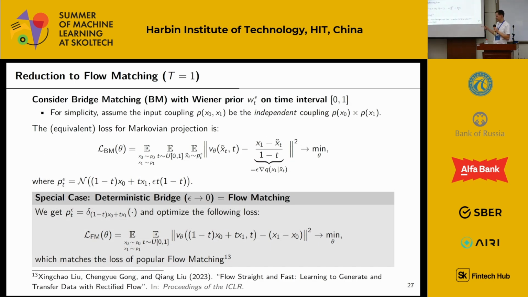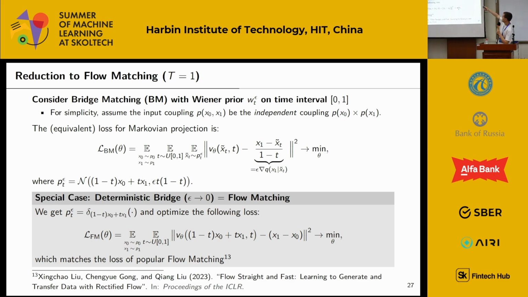But before that, let's discuss one very important moment: how all this magic is related to flow matching. I told you that all this basically just generalizes flow matching. How does it generalize? Let's consider as a prior process the Wiener process with some given variance.